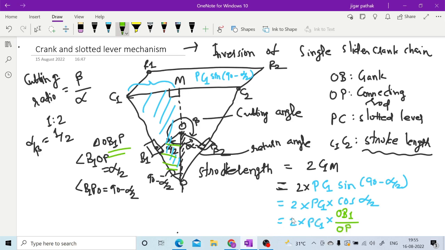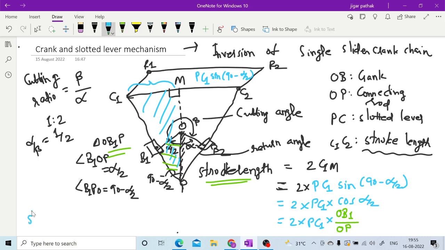So if you now observe the stroke length, it can be obtained from the different link lengths. Let us see how you can write it in terms of link lengths.